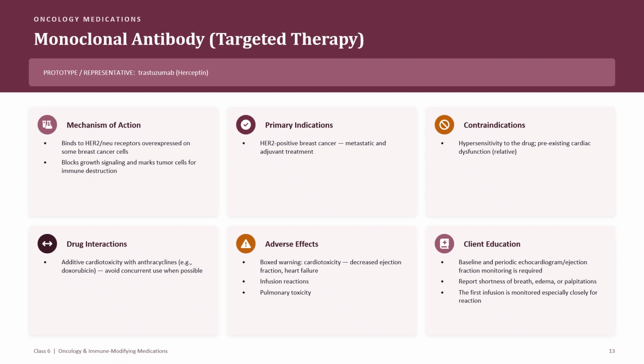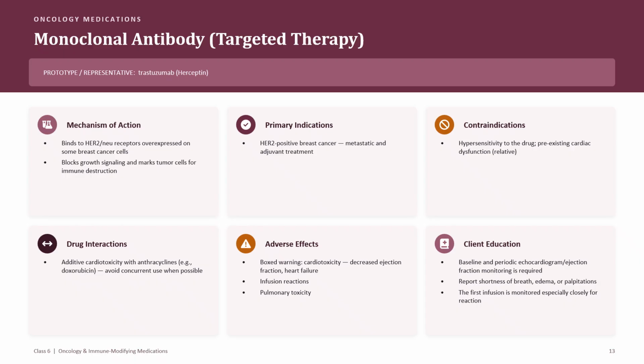And it comes with a condition. HER2 testing has to confirm that the tumor actually has that receptor before this medication is even started. Give it to a HER2 negative tumor and there's nothing there for it to grab onto.